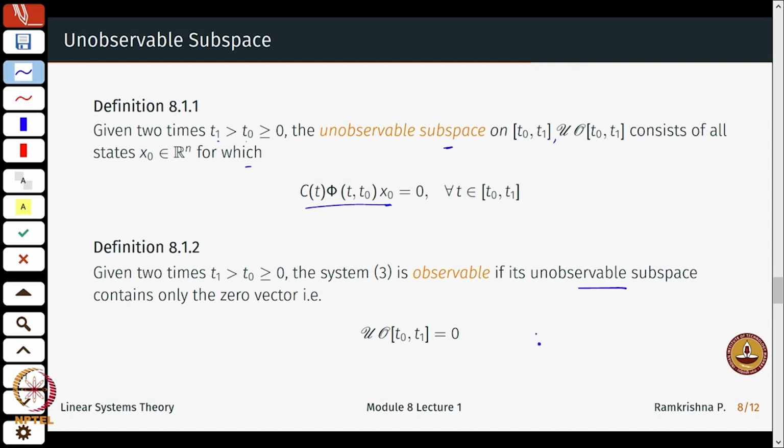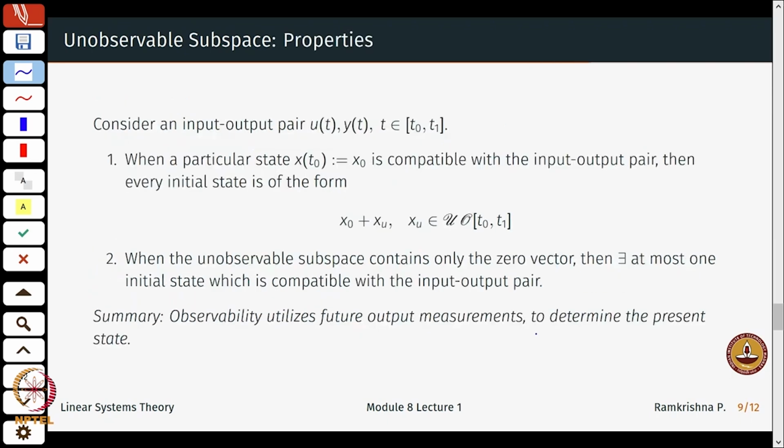Some nice properties here. If I have an input output pair u of t, y of t for all t in t0 to t1, and a particular state is compatible with the input output pair, then every initial state of this form is also compatible with the input output pair.